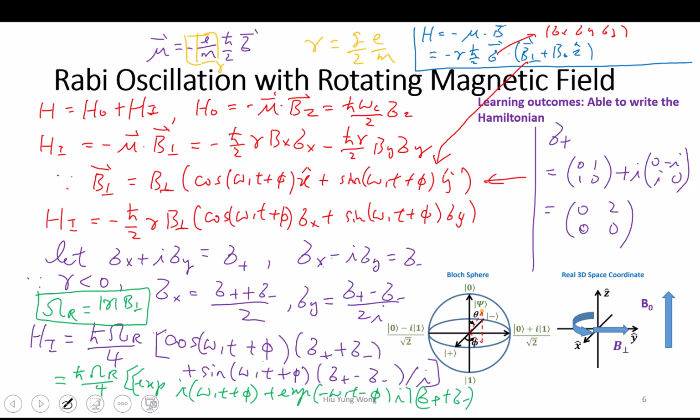Okay. And then I do the same thing for the sine term. Now I've divided by i, I'm going to only do negative i, because 1 divided by i is negative i. So what do I get here? I get exponential i omega 1t plus phi minus exponential, negative i omega 1t plus phi.